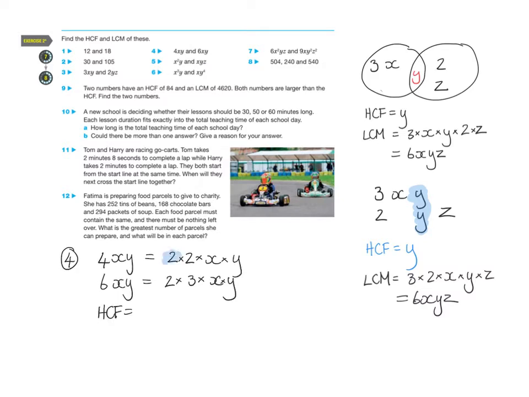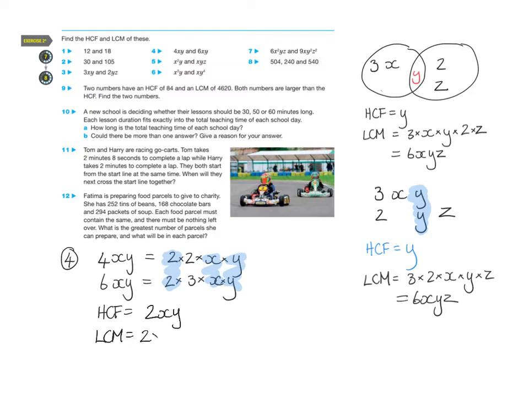Let's take a look. We've got 2 that's common, we've got x, and we've got y, so our highest common factor is going to be 2xy.